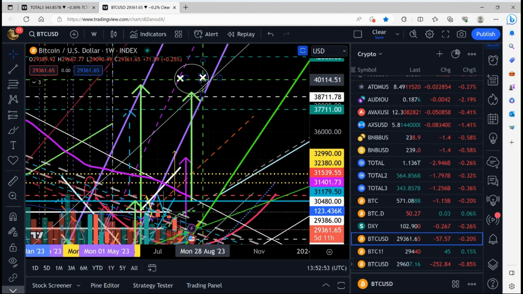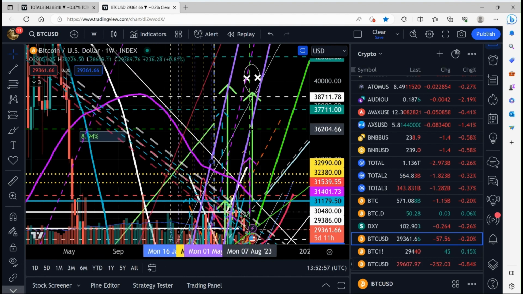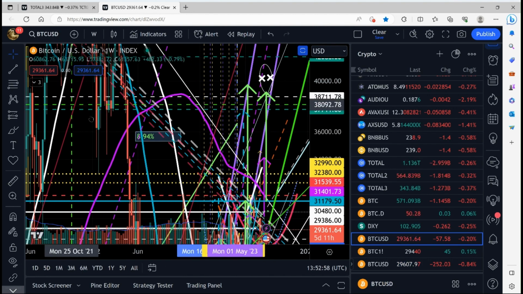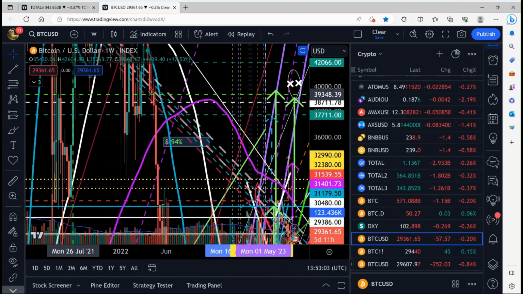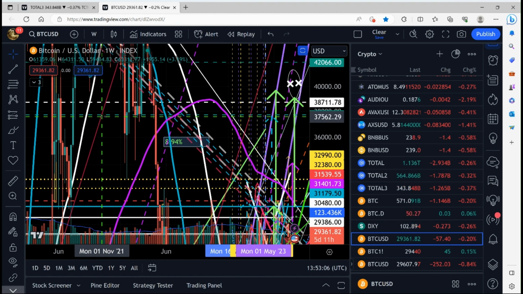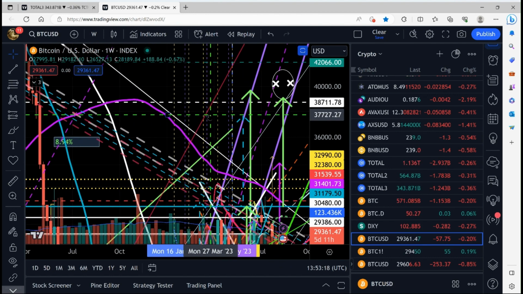Possibly working up to this area here at 40,000, and that's just based on areas of support and resistance back here in 2021. 37,711 was a major support level, which will block us initially. So we'll see what happens there.